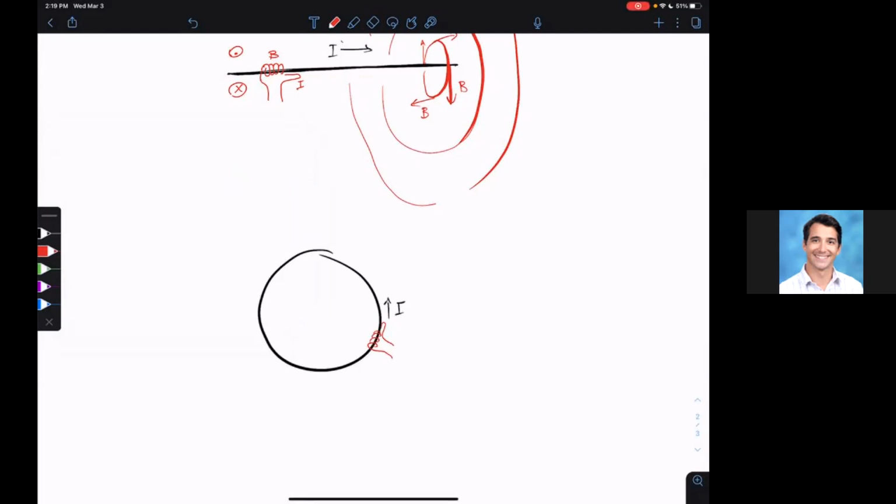On the outside, my fingers are all pointed down, but on the inside, my fingers are pointed up. My hand could slide all the way around this, and everywhere on the inside, that magnetic field would be pointed up. And that means we've created an electromagnet.